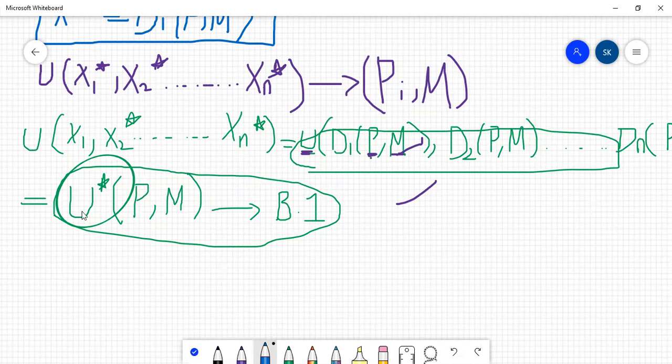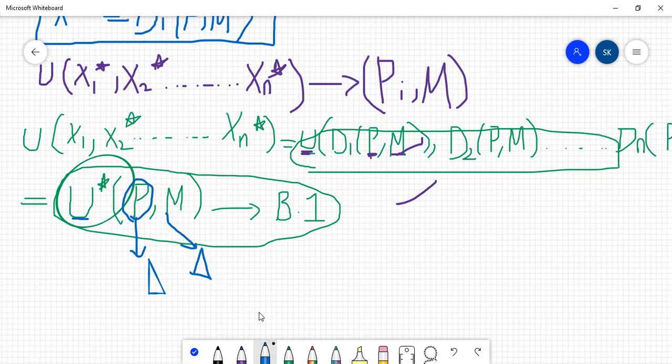So we can use this U star to investigate the effects of changes in the price and money income on the consumer's utility. Now what we want to do is investigate the effects of a change in price, a change in the value of Pi, and of course a change in the money income on the consumer's utility.